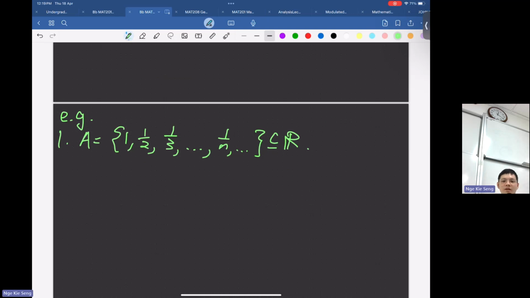What are the limit points? What are the isolated points here? Everyone is an isolated point, because you can pick epsilon small such that the open ball becomes an open interval that doesn't contain any other point. So everyone is an isolated point.